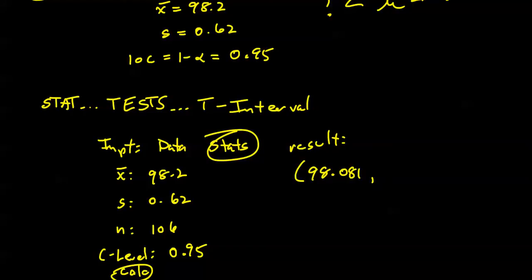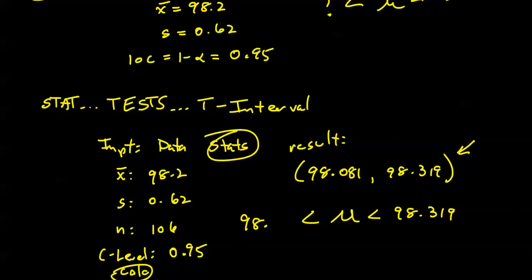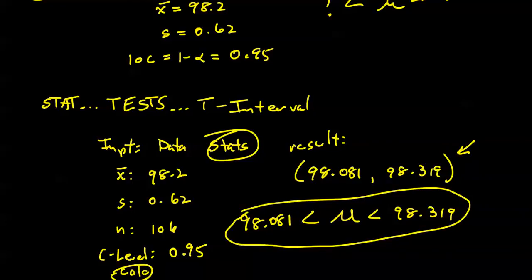(98.081, 98.319). Again, this is an interval notation, which I'm not too crazy about. I like this notation better because then I can really see what you're estimating here. It gives us a nice reminder of what we're really talking about in the real world. We're actually estimating a population mean body temperature.